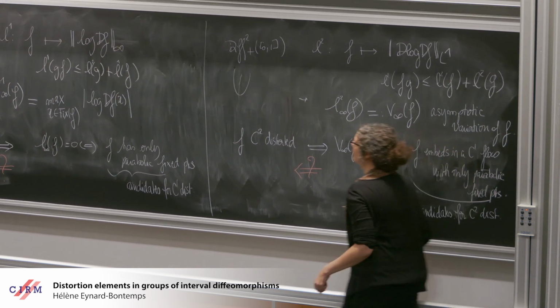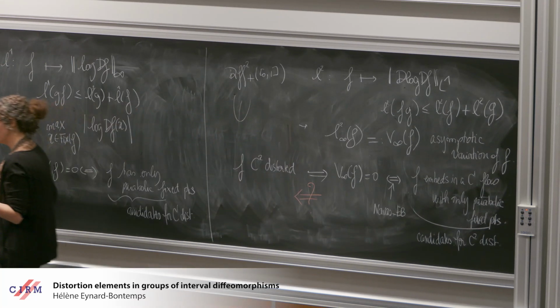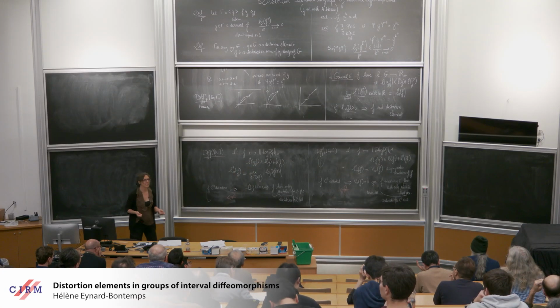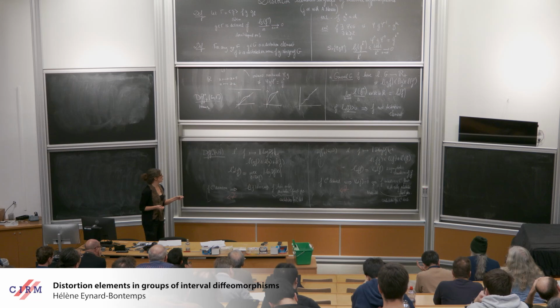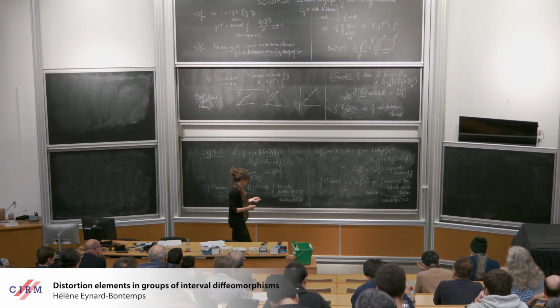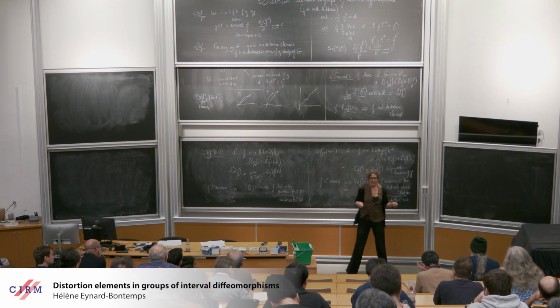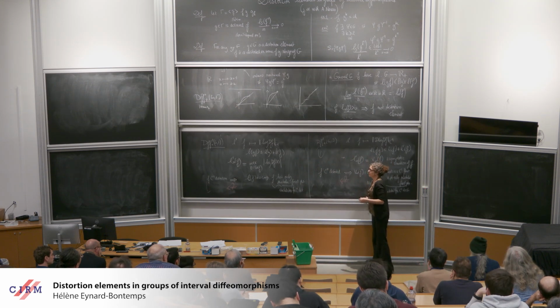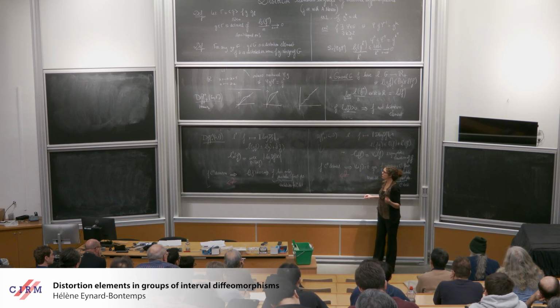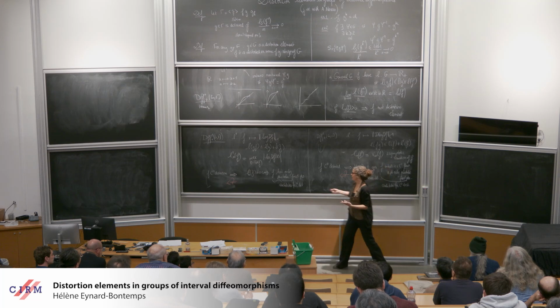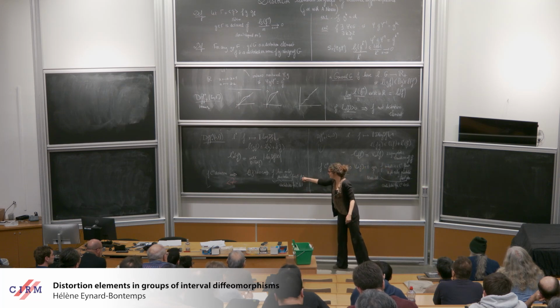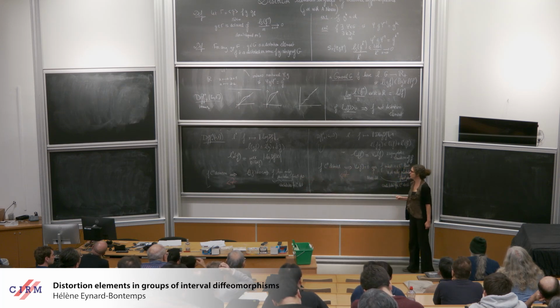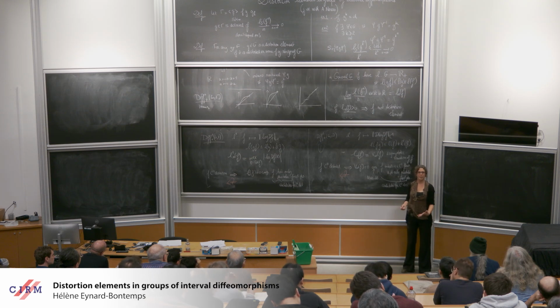And actually, they are distorted for some different notion of distortion, which is related to putting a metric on your group, and I'm not going to enter into the detail. And you can rephrase my questions as, do these two notions of distortion, the one I explained at the beginning of the talk, and the other notion of distortion, which means this and this in the C1 and C2 settings respectively, do they coincide?